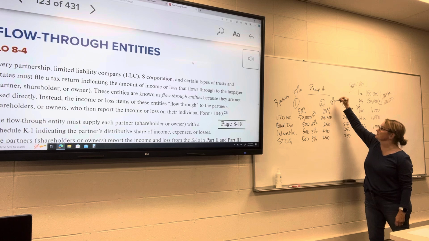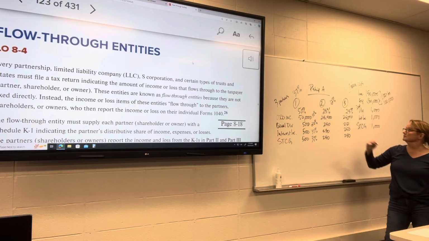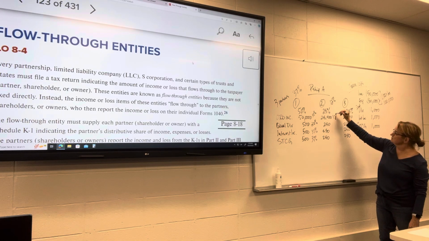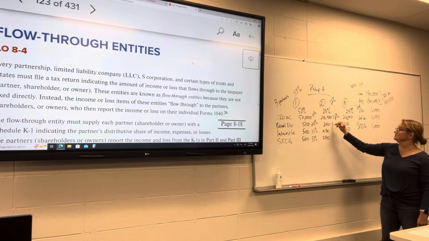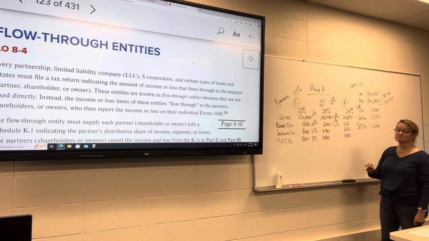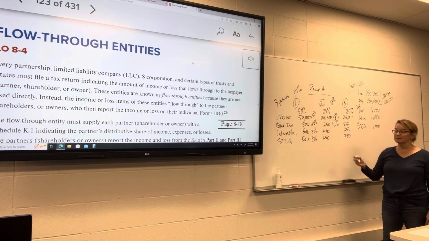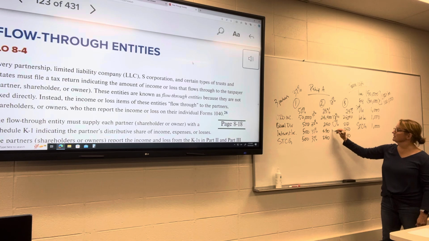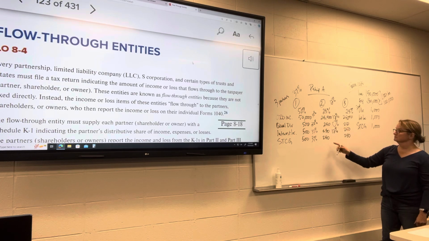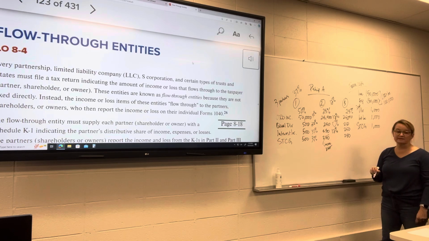They're in the 12% tax bracket. So this can be taxed at 12%. Qualified dividends, that's going to be 0. Because their other income is low enough. Interest income, 12%. Short-term capital gains, let's just say that they've got other losses to offset it. So that cancels it out.